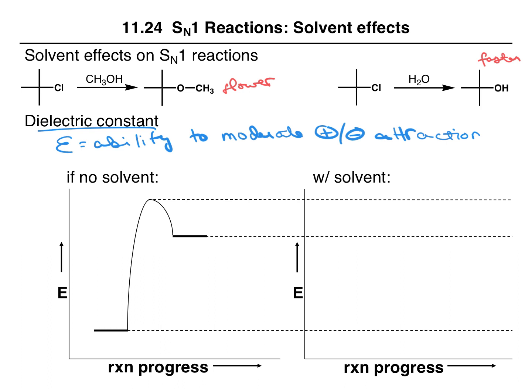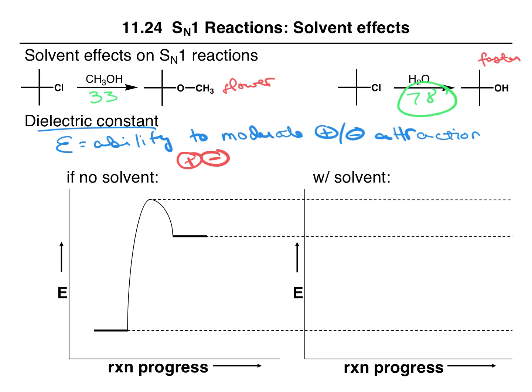So for methanol, this has a dielectric constant of 33. Water has a dielectric constant of 78. So water has a much higher dielectric constant. It is better able to moderate the attraction between positive and negative. For example, if we have no solvent present, then our cation would be right next to our anion.